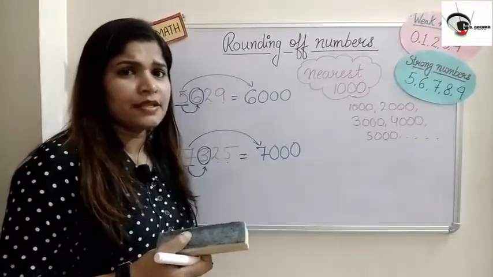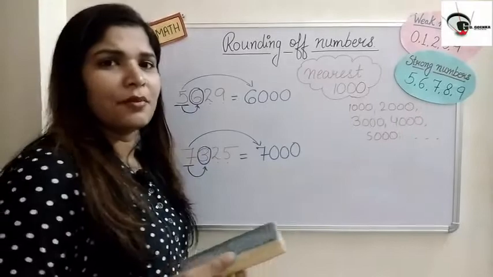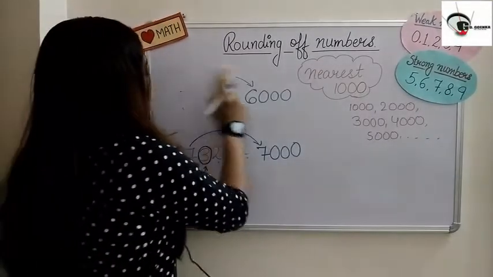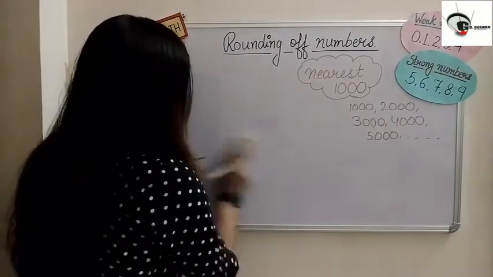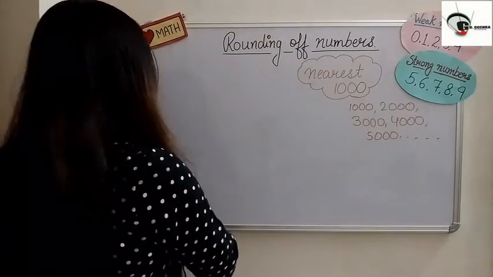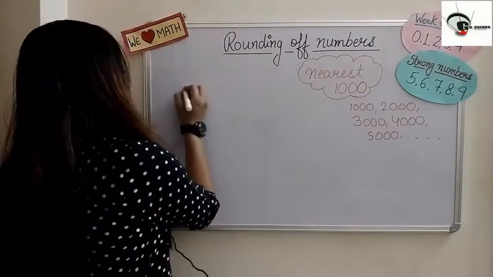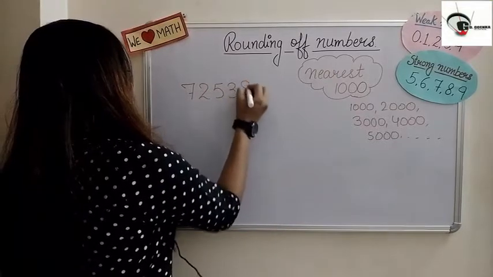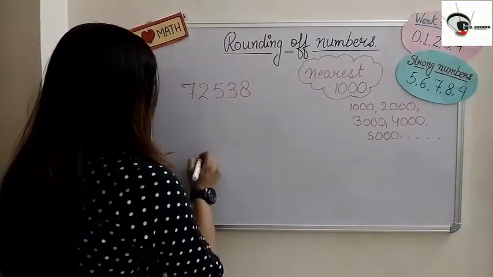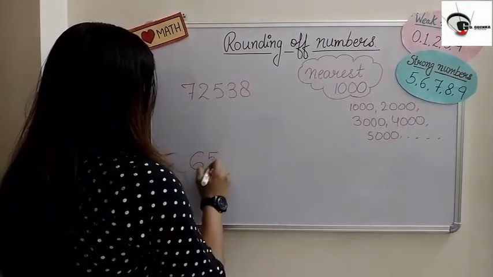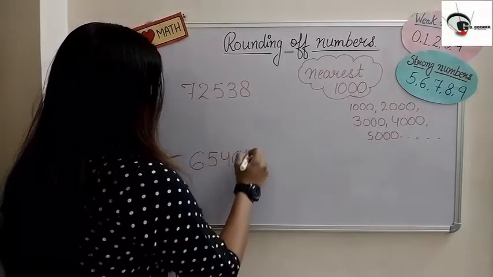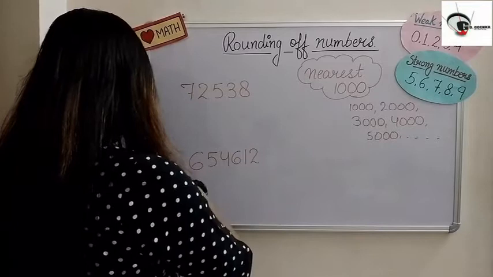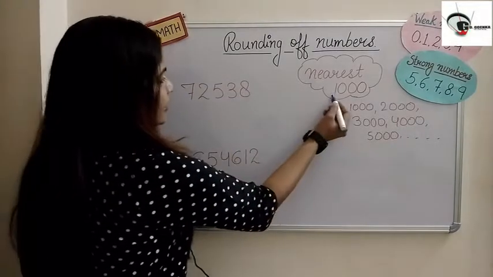Shall I take more examples? Yes, let me take some bigger numbers or some large numbers. So I am taking here the number 72538, and here I am taking 654612. Okay, children, let us see nearest 1000.